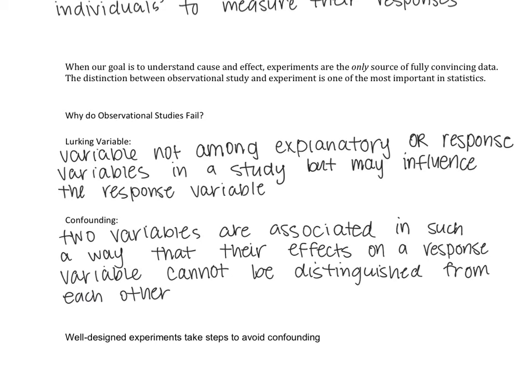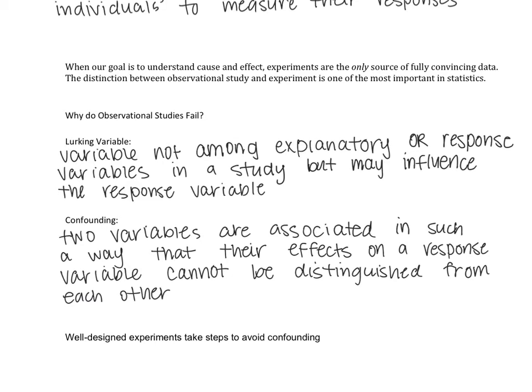But older women are more likely to have heart attacks than younger women. So was it the medication, or was it their age? Did the medication not having an impact have anything to do with it, or was it just because they're older and more likely to have heart attacks anyway? That's an example of a confounding variable.